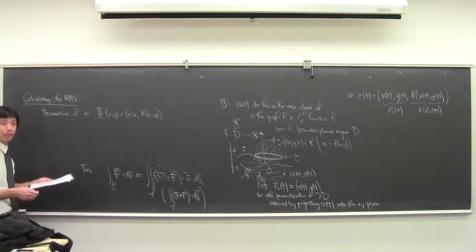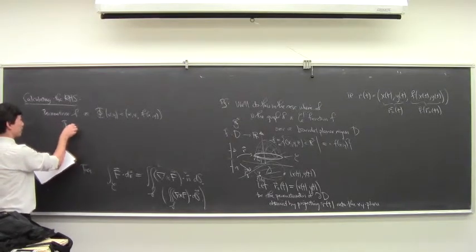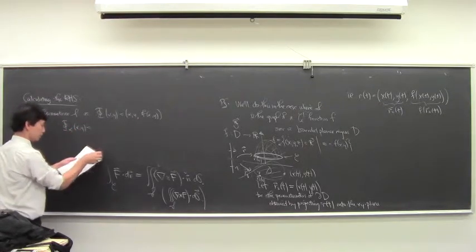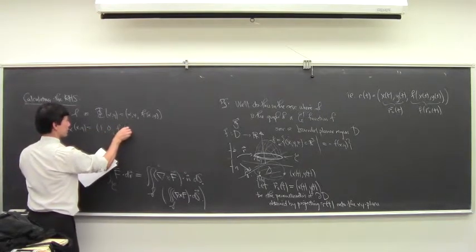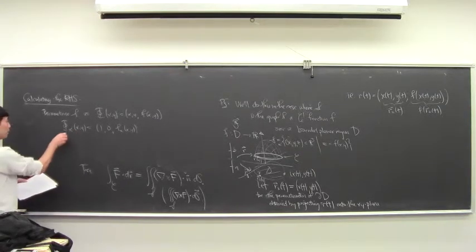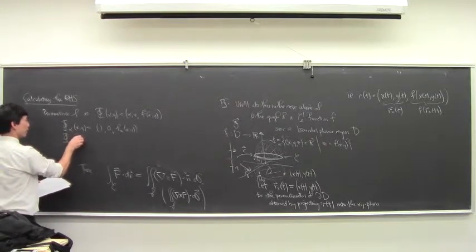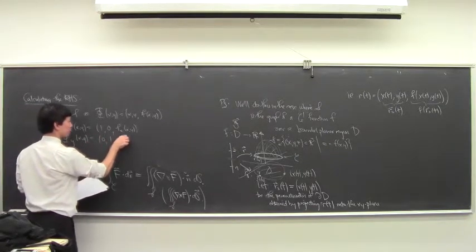It's a graph, so we have a natural parameterization. Then, as usual, you get 1, 0, f sub x. Differentiate everything with respect to x. Then take the tangent vector in the y direction.